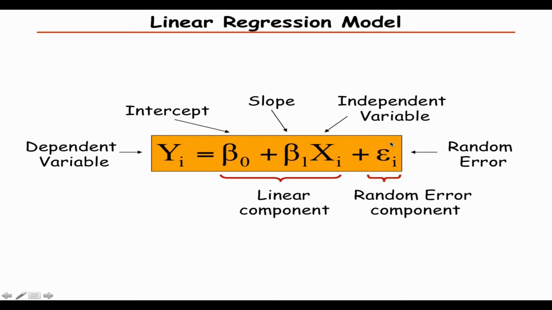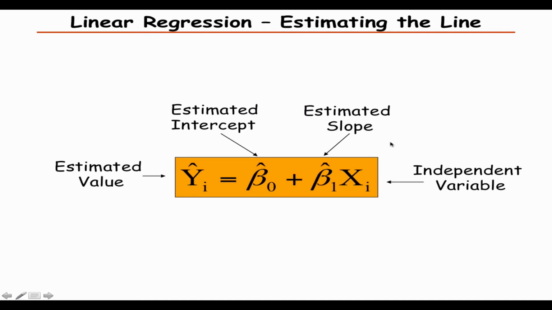So in the case where we then try to estimate the line, we have now removed the error, because here this is the estimated intercept and the estimated slope, and from the x we can then calculate the estimated value of y.